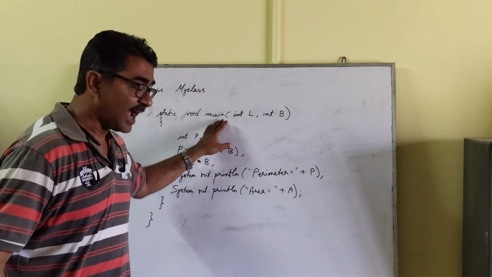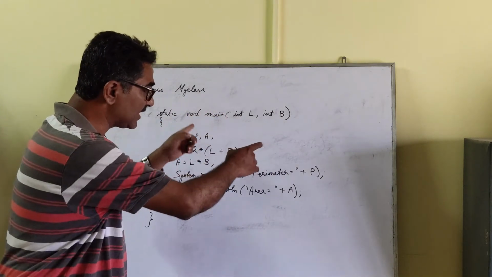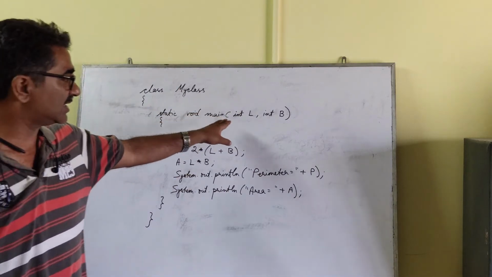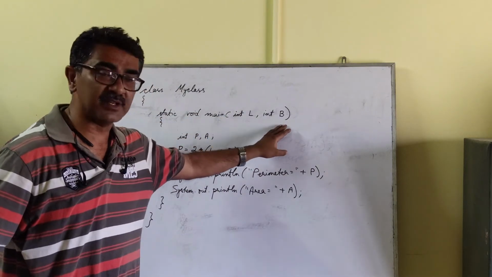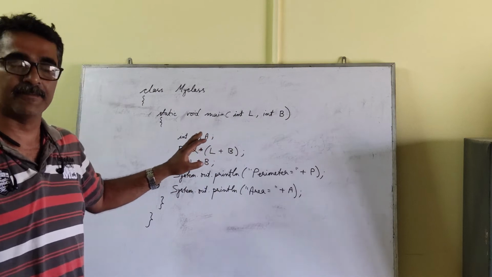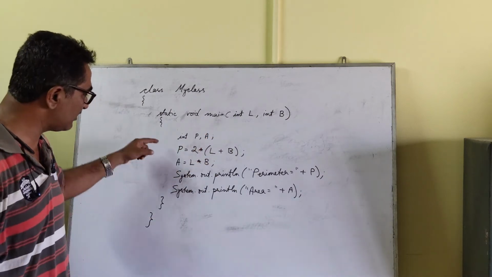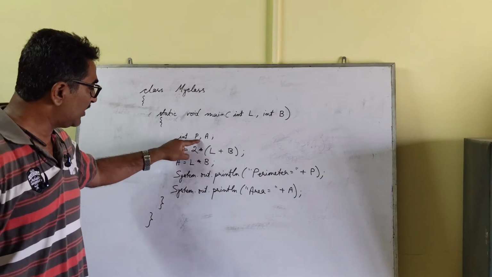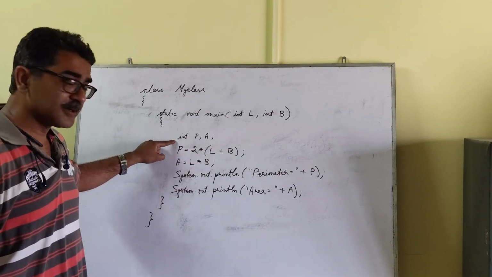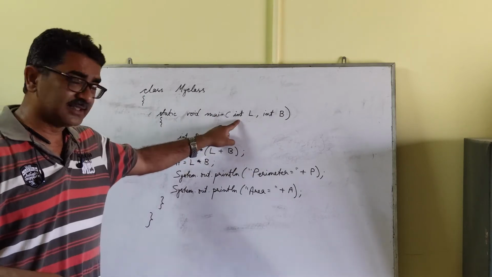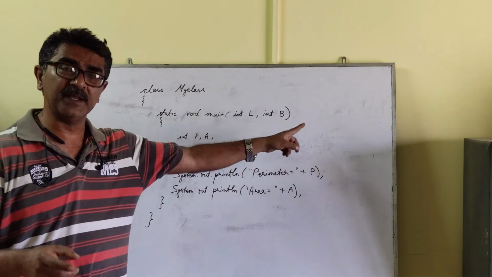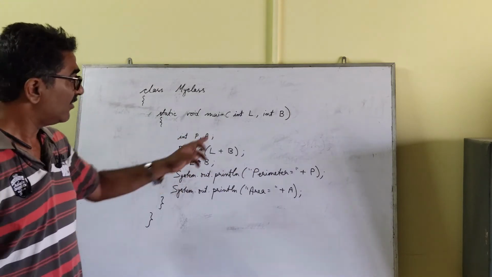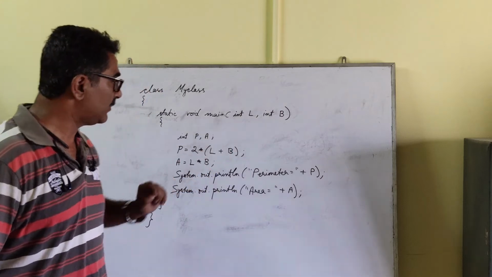Static void main, and note that within this parenthesis we are giving the parameters. These are called parameters, and each of the parameter variables should be declared separately. Unlike in the previous case where we declared all variables together as int type, in this case every variable should be separately declared and separated by a comma.